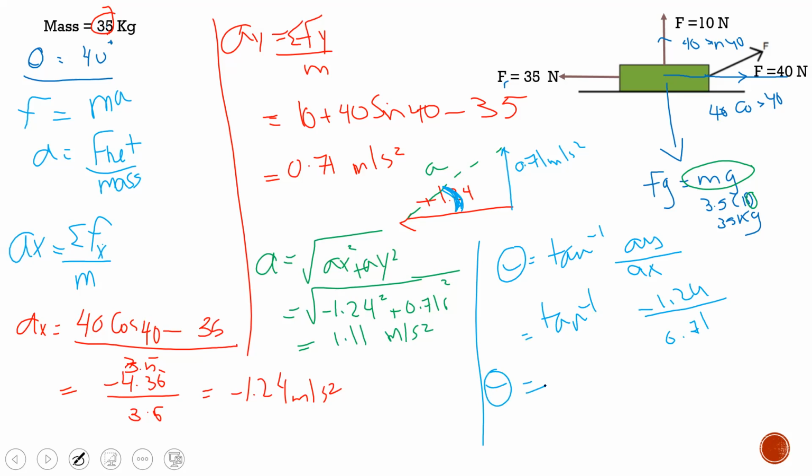So the angle theta will be tan inverse of negative 1.24 over 0.71, which is negative 60.